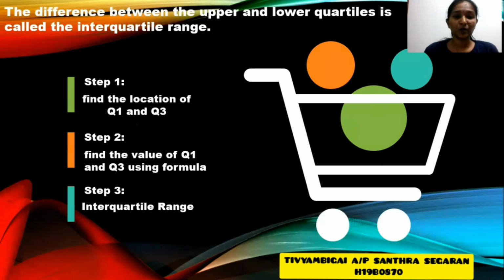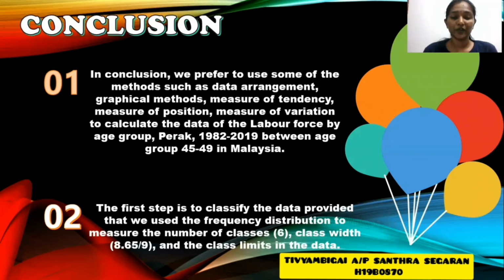The difference between the upper and lower quartile is called the interquartile range. Step 1. Find the location of Q1 and Q3. Step 2. Find the value of Q1 and Q3 by using the formula. Step 3. Interquartile range.